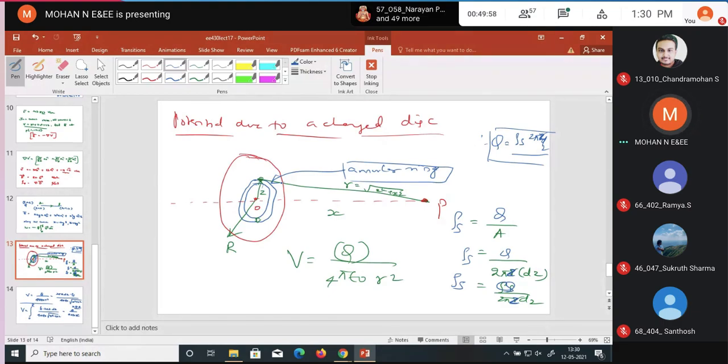Tomorrow I'll be taking two sessions, one during the lab and one during the morning session. I will start conductors, dielectrics and capacitances.